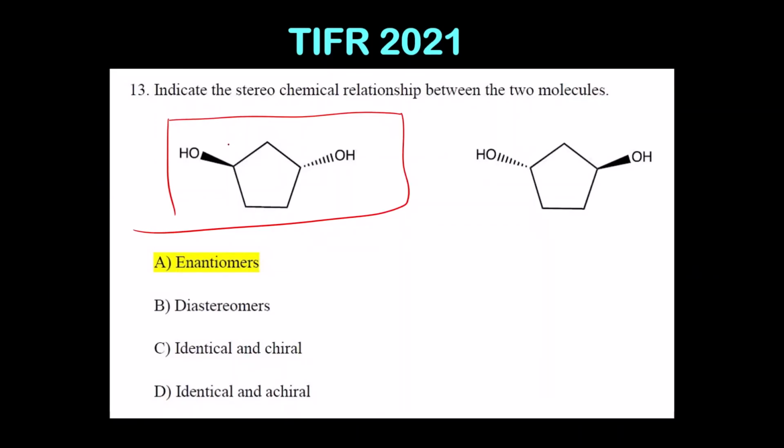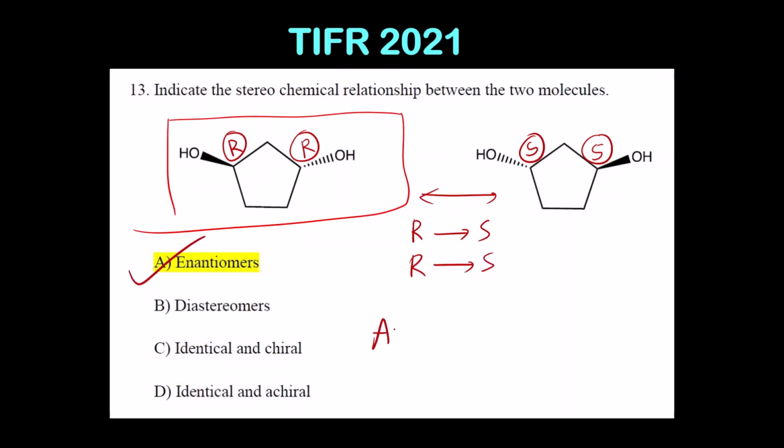We saw that here it was R, here also it was R, and for these stereocenters it was S and S. So you can see the absolute configuration has changed in both cases. That is, R has changed to S, and the second chiral carbon R has changed to S. And hence the correct answer will be option A, that is enantiomers.